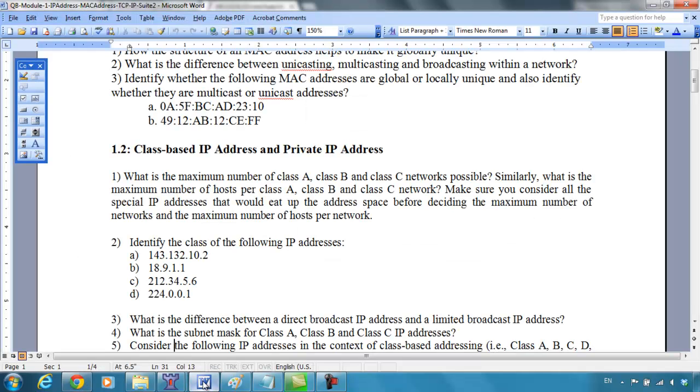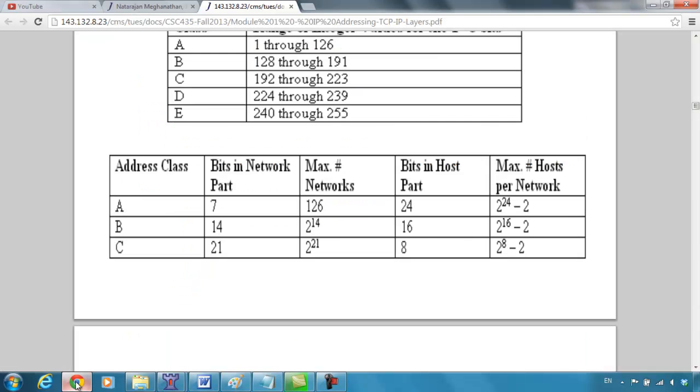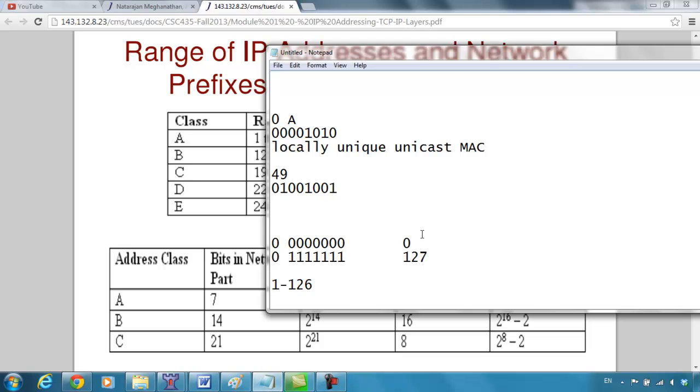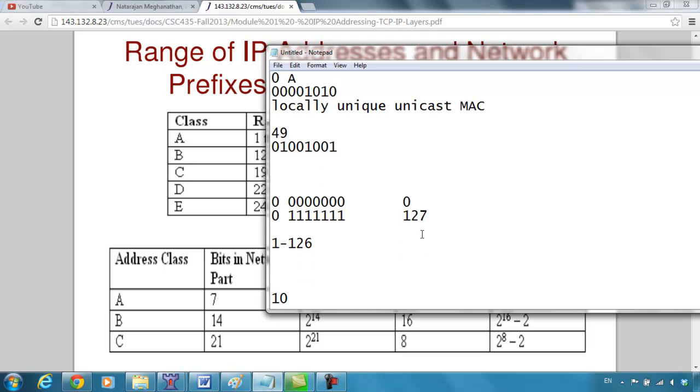Okay. Now identify the class of the following IP addresses. You have 143. So now you should also note that with the first 8 bits, class A goes from 1 to 126. Class B, because the first 2 bits are fixed to be 1 and 0, the remaining 6 bits can be zeros. So this is 128.